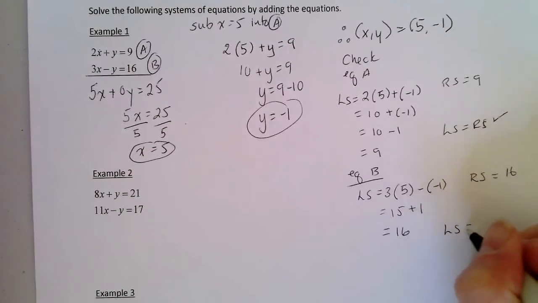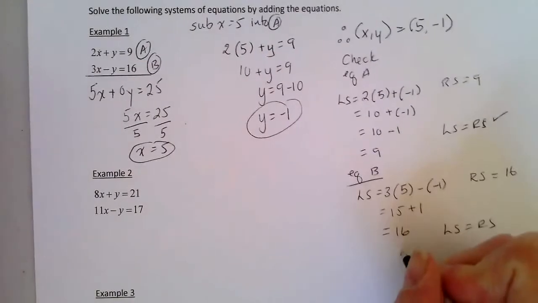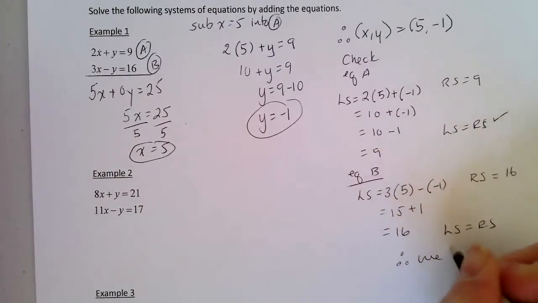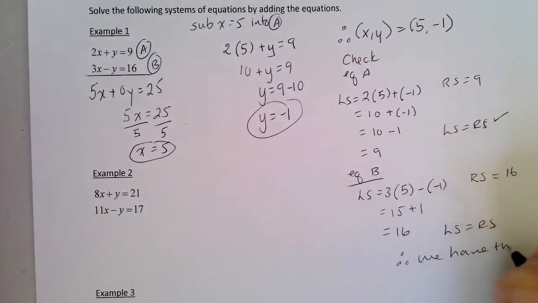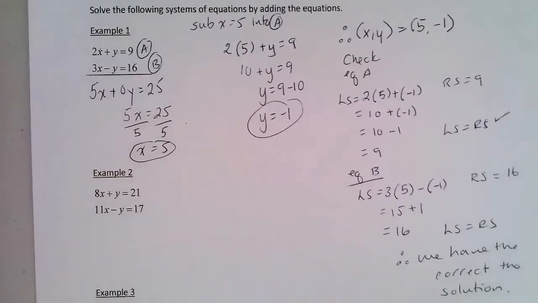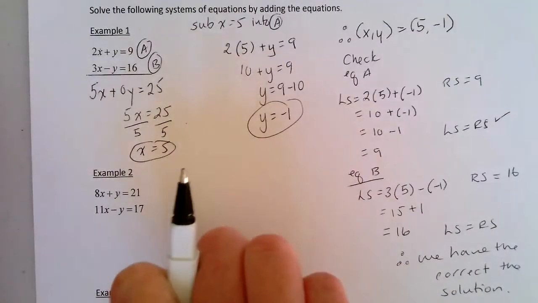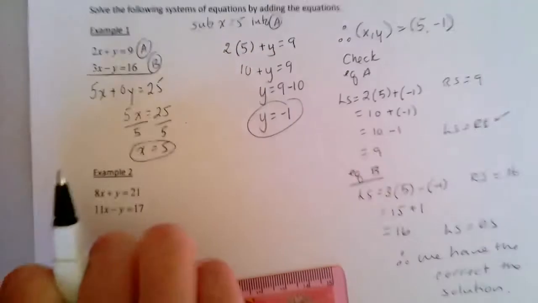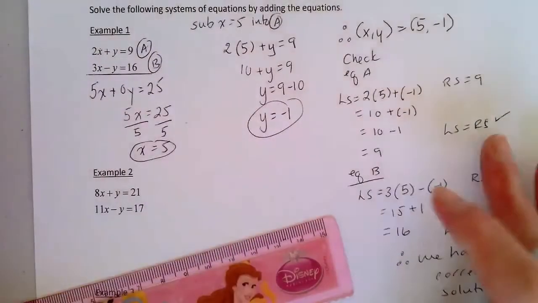So the left side is equal to the right side. Therefore, we have the correct solution. So what this means is that you can actually verify your work. As you go along, you can do formal left side, right side checks to verify that you have the correct solution.